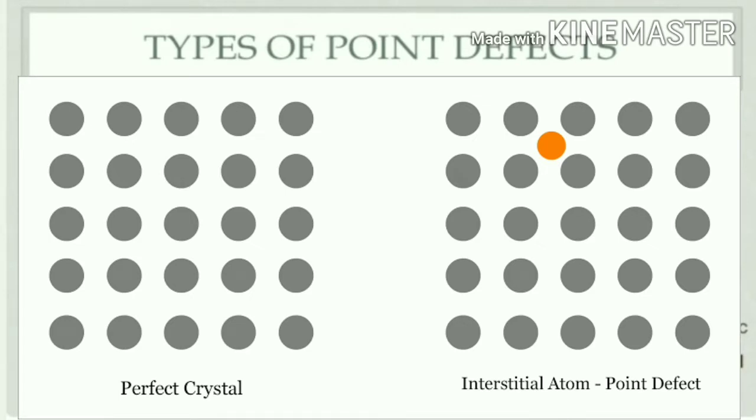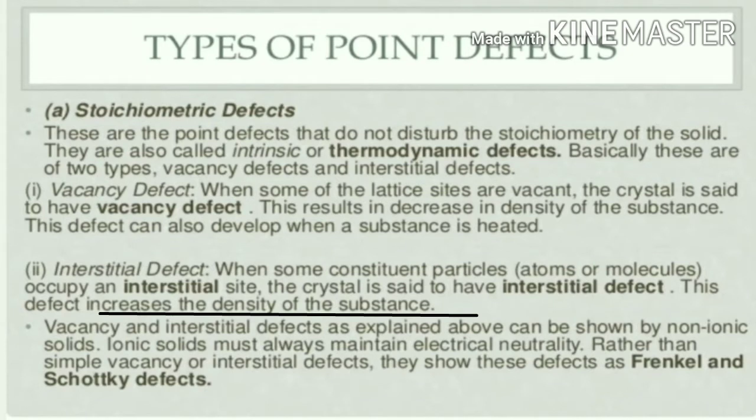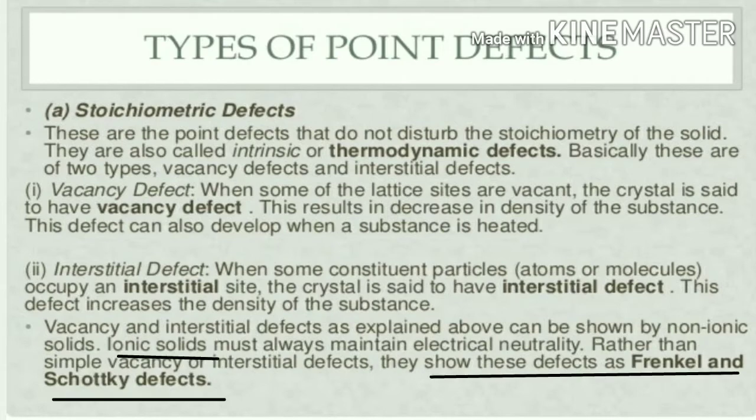Vacancy and interstitial defects, as explained above, can be shown by non-ionic solids. Ionic solids must always maintain electrical neutrality. Rather than simple vacancy or interstitial defects, they show these defects as Frenkel and Schottky defects.